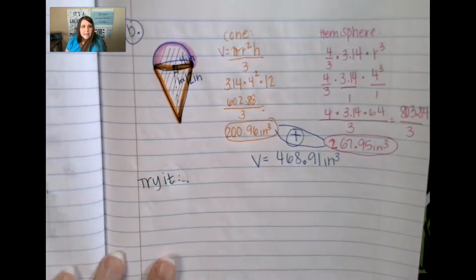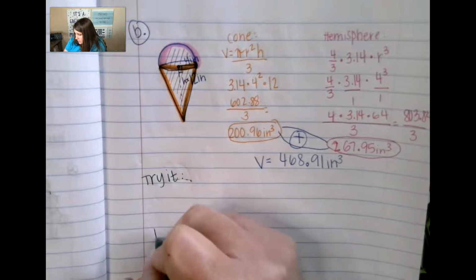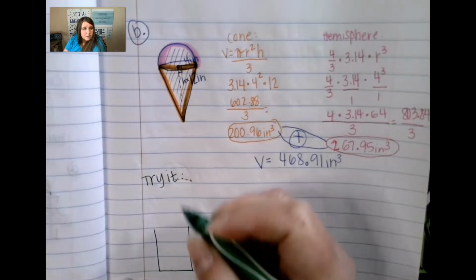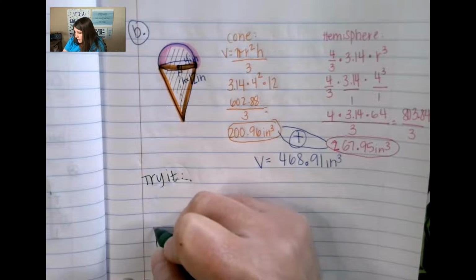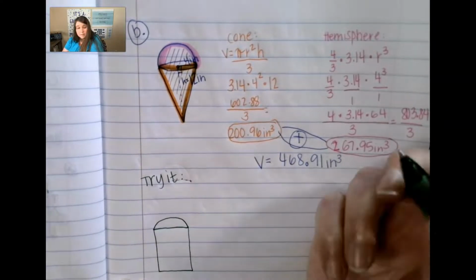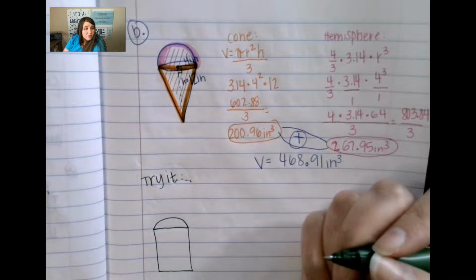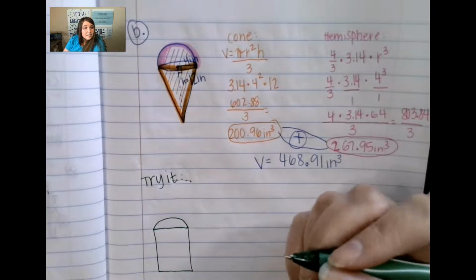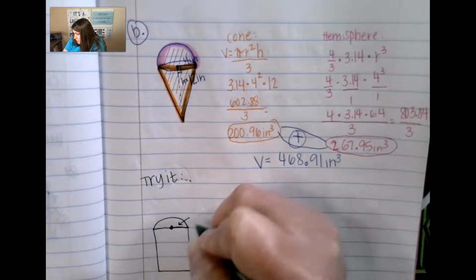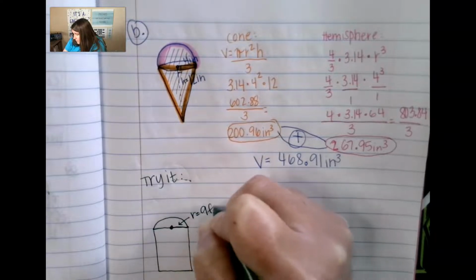You have a silo, and on your silo you have your cylinder part there, and then you have your dome part there. This is a little silo. Okay, so two parts. The radius of the silo is 9 feet. So from here to here is the radius equals 9 feet.